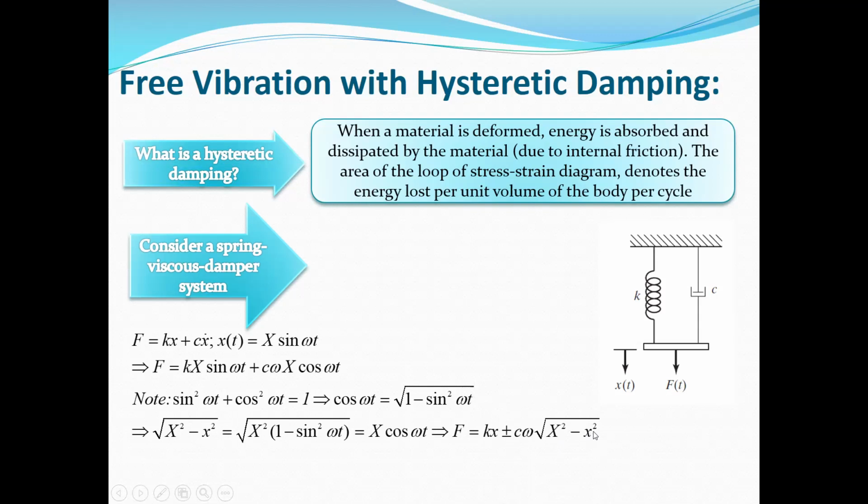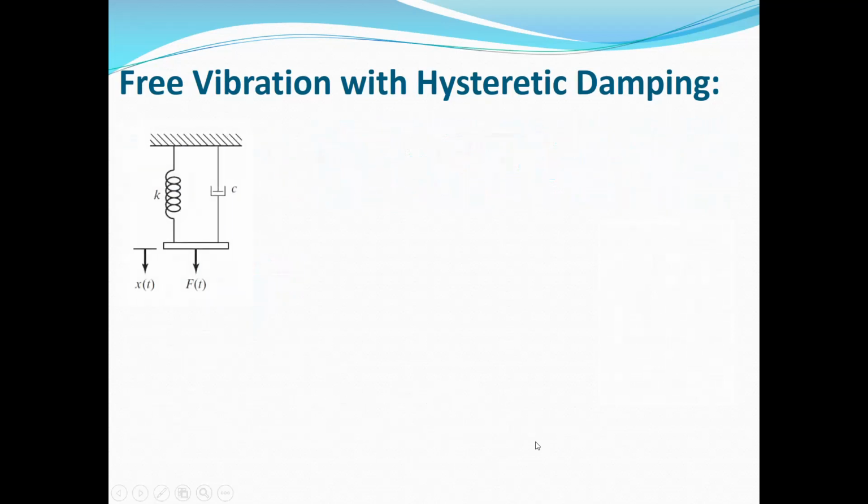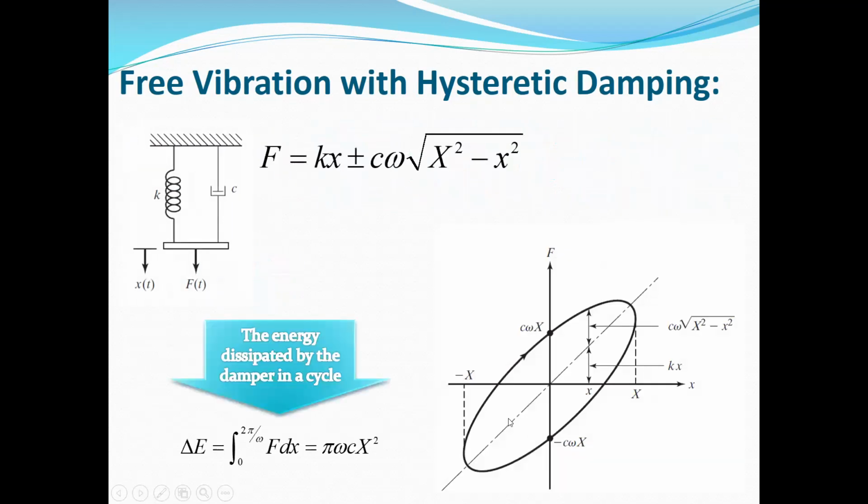We will use this term to plot the force displacement diagram for a system with viscous damping. I mean, we extract this relation, which is a function of x for F. So now we can plot F versus x, and we can extract this diagram.